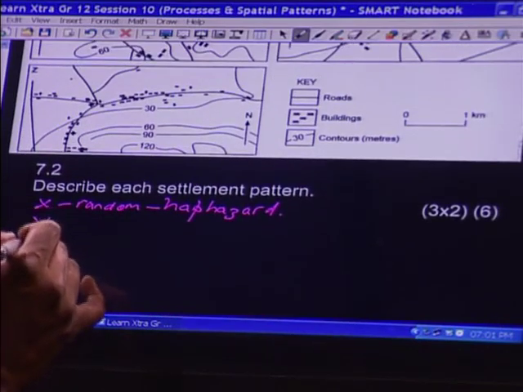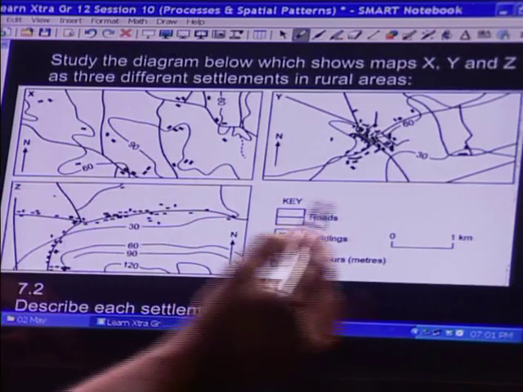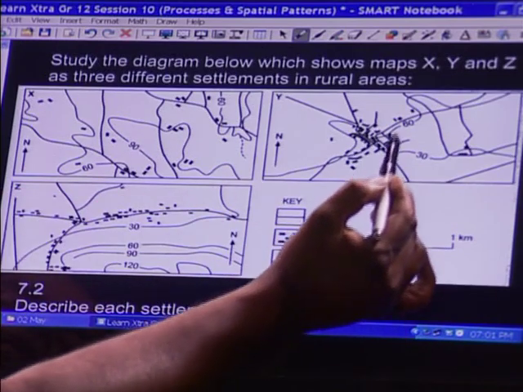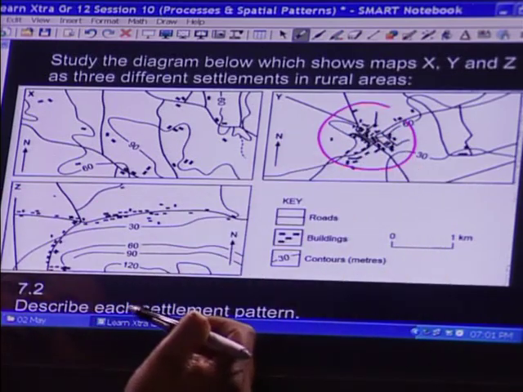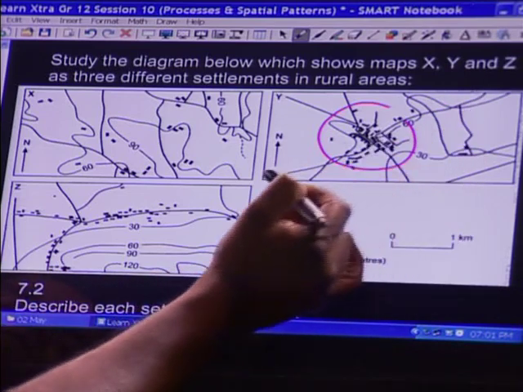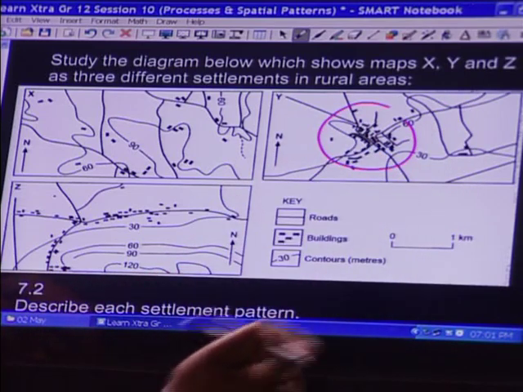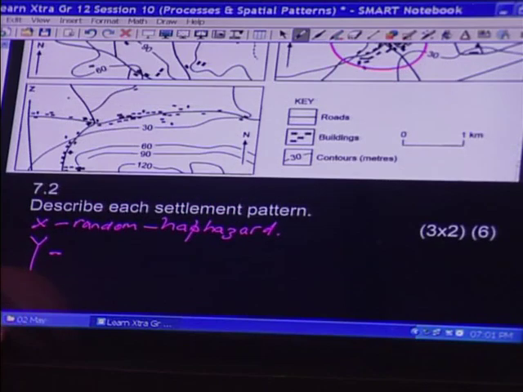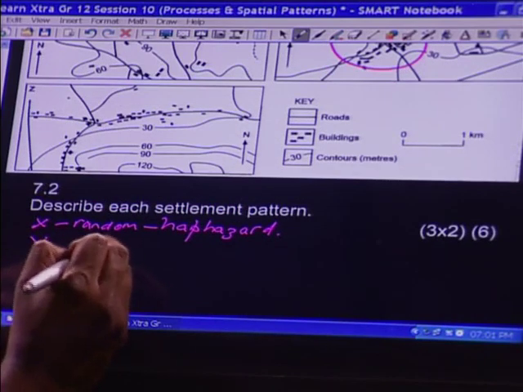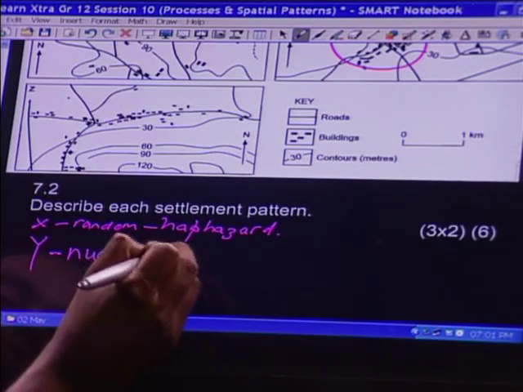Settlement Y. When looking at settlement Y, we can describe it as a nucleated settlement as it's converging from different roads and meeting at a crossroad. So to describe it, we would say nucleated.